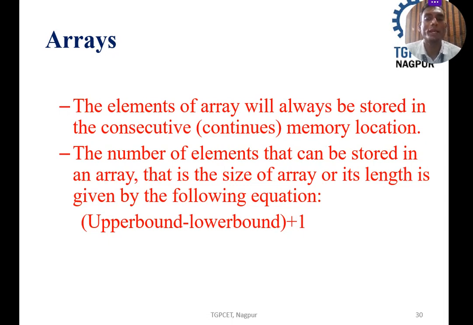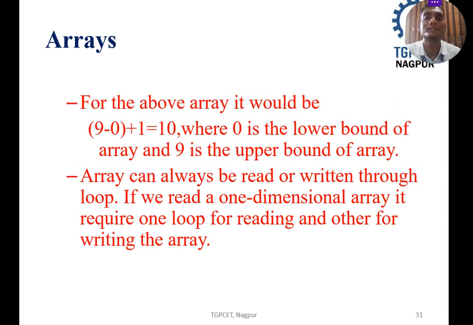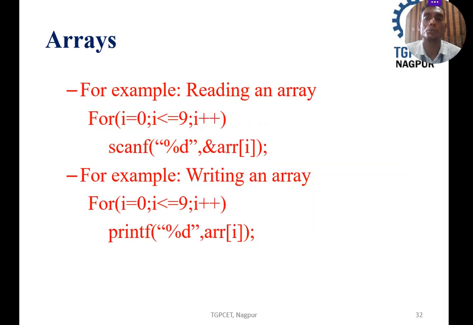In case of an array of 10, the upper bound is 9 and the lower bound is 0. So 9 minus 0 plus 1 comes out to be 10. This is how the size of the array can be calculated. And if you want to read or write through a loop in a one-dimensional array, you can easily use a for loop.